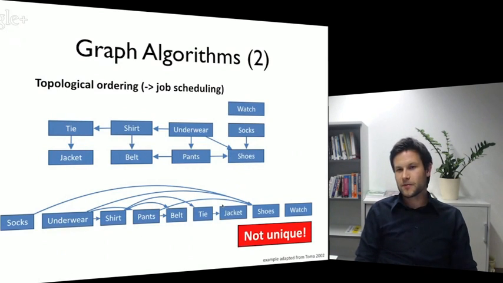The second graph algorithm that I want to briefly show you is topological ordering. This is also a very important concept that you would, for instance, need for scheduling jobs. If you have a CPU, a central processing unit, and you try to find an order.